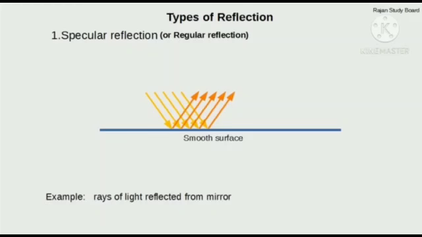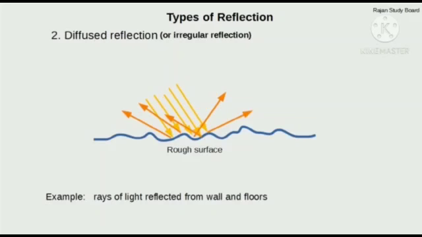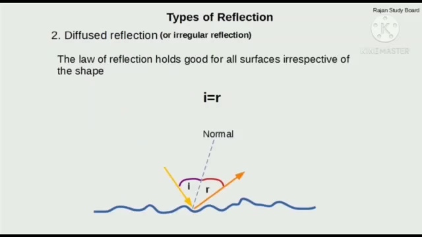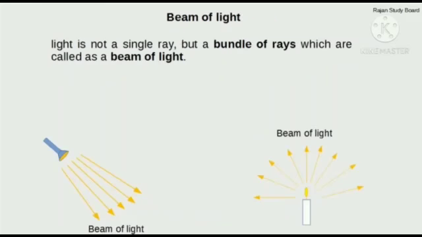And second one, diffused reflection or irregular reflection is caused by a rough surface. For example, rays of light reflected from walls and floors. The law of reflection holds good for all surfaces irrespective of the shape. For example, i equal to r.